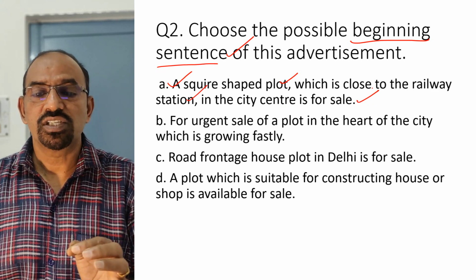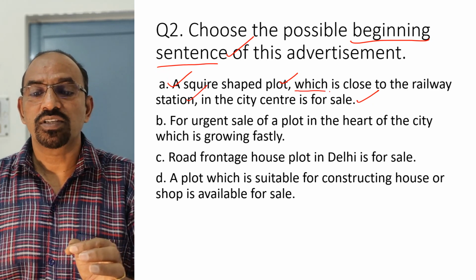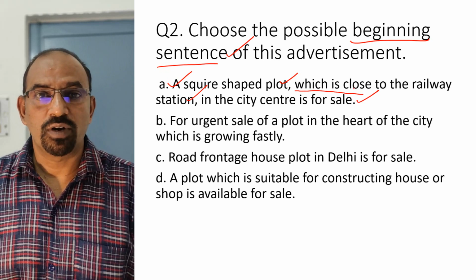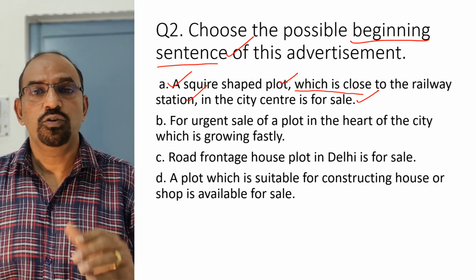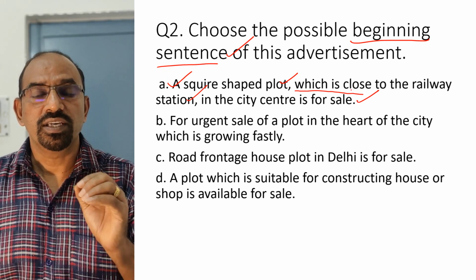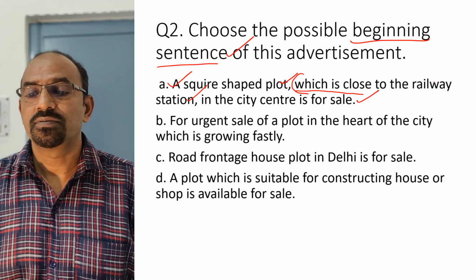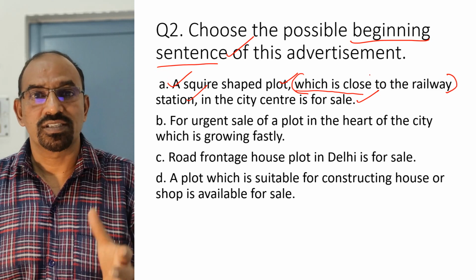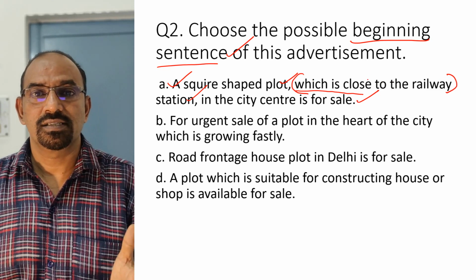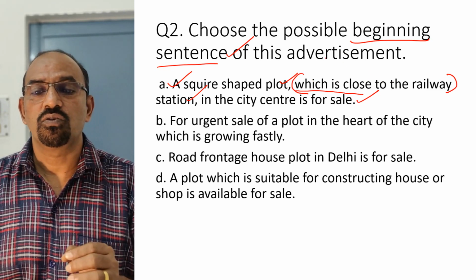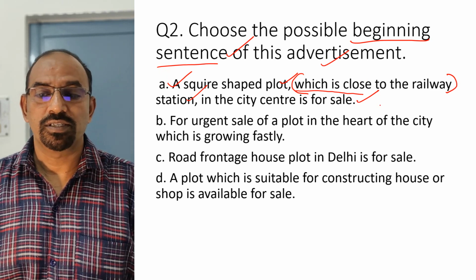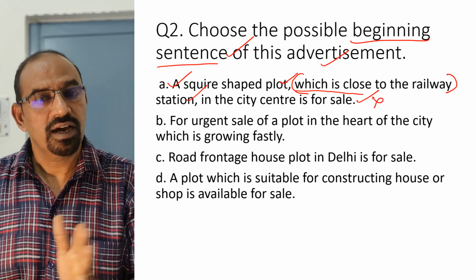Have you ever seen such complex sentences in classified advertisements? You have to pay money for each word. So this type of clauses, complex sentences, is not suitable for classified advertisements. So the first option we can avoid.